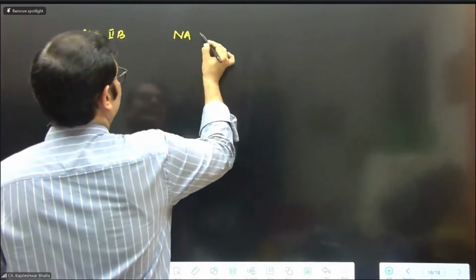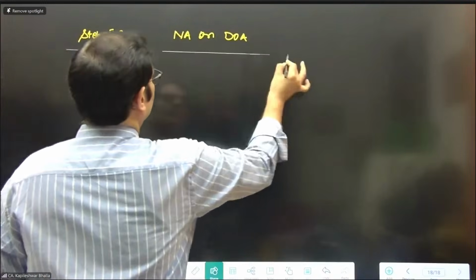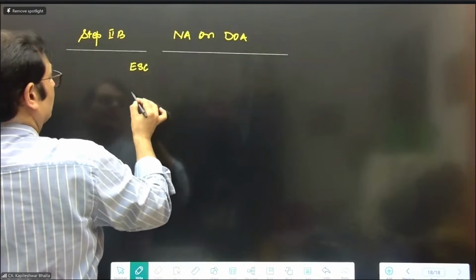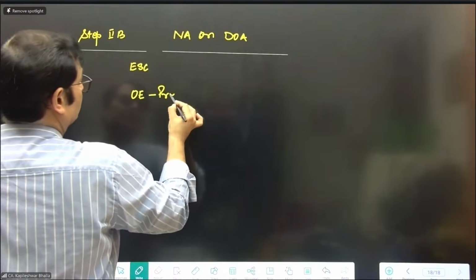Step number 2B is getting the net assets on the date of acquisition, which is nothing but the sum total of the equity share capital and the other equity which is pre-acquisition in nature.